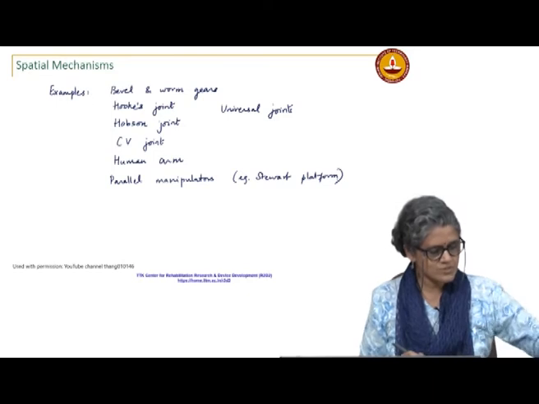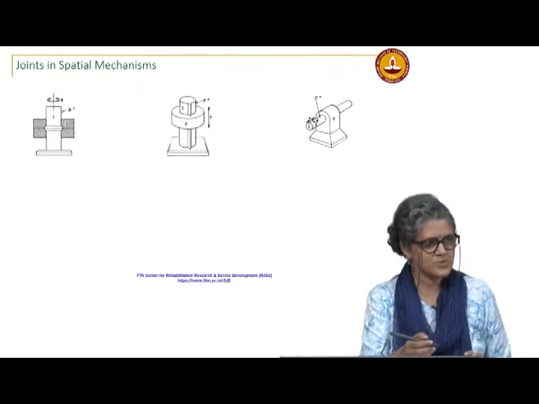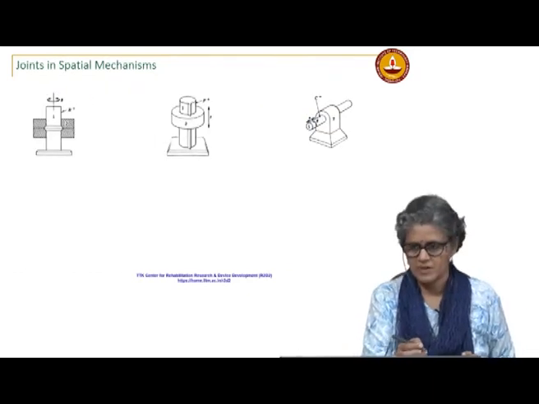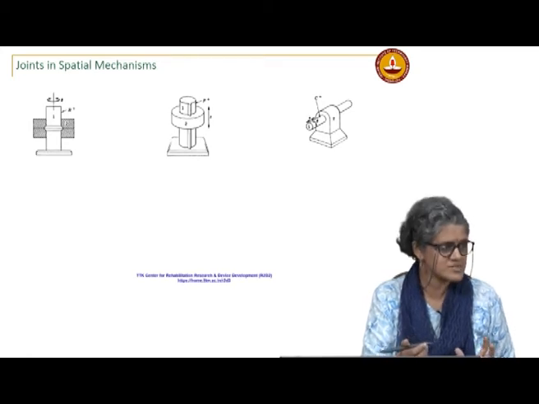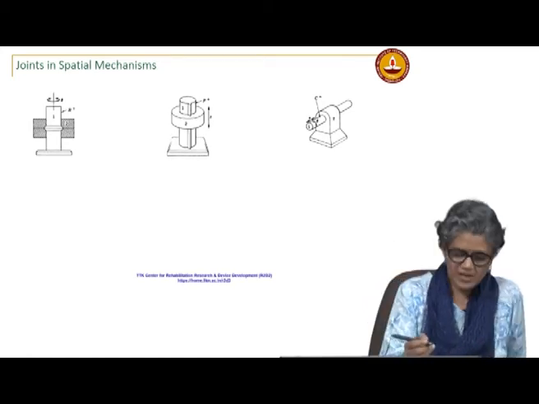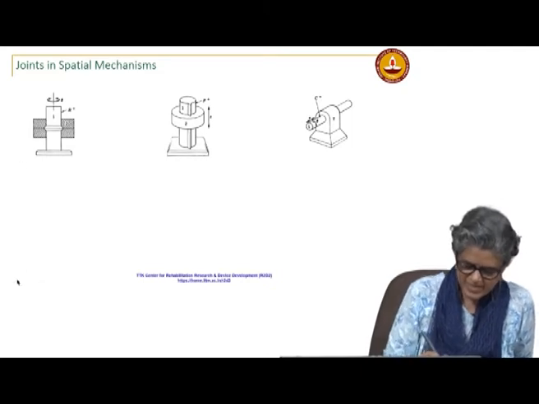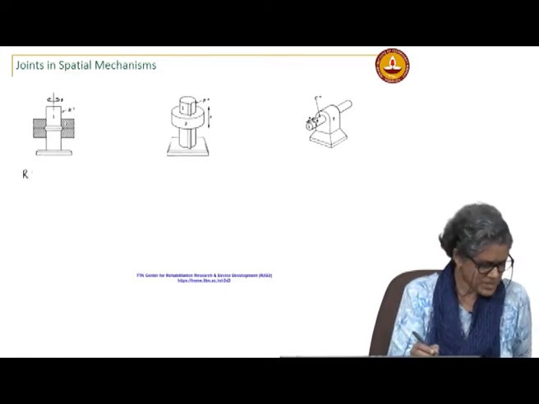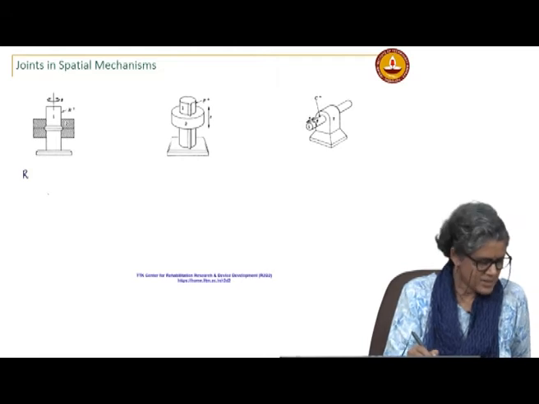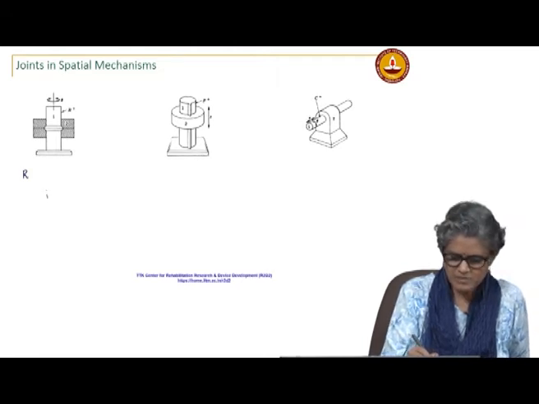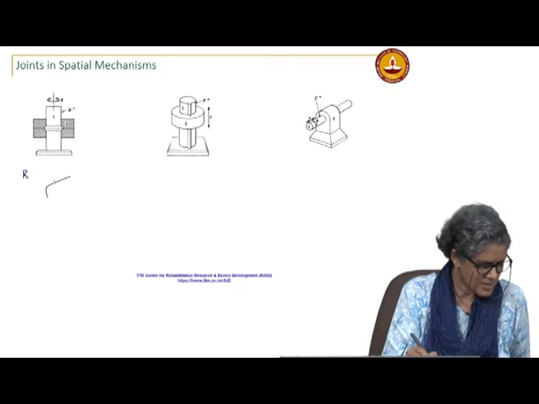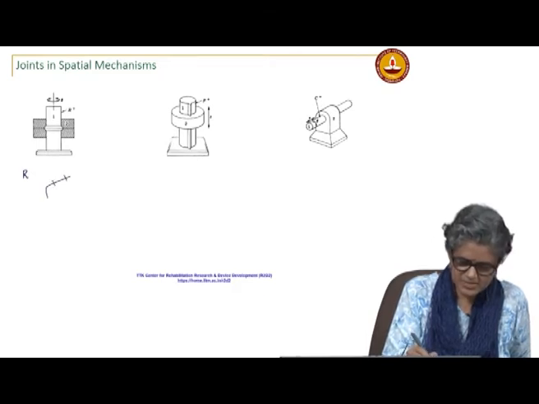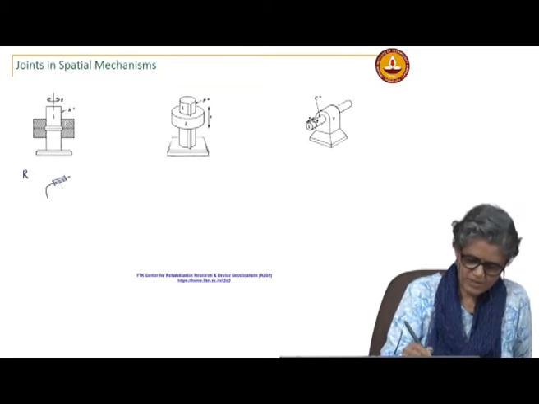Just as you have in planar mechanisms, you can have revolute joints in spatial mechanisms. A revolute joint is typically designated as R in a spatial mechanism, and you would represent it like this. We have one link.